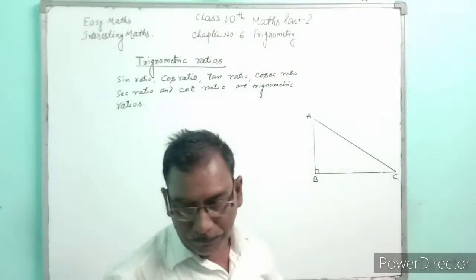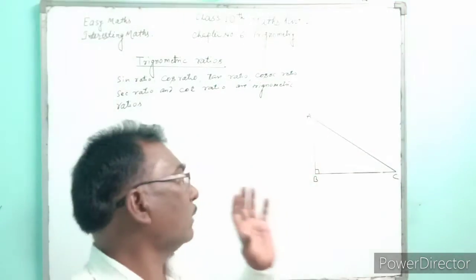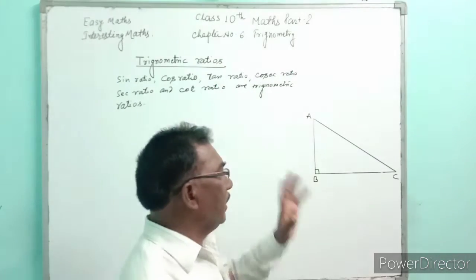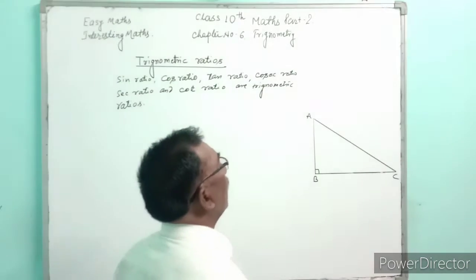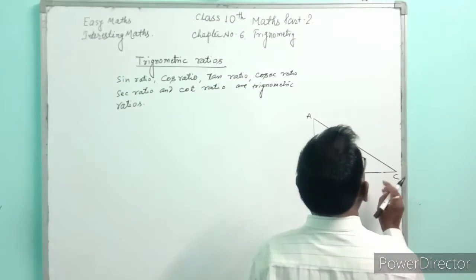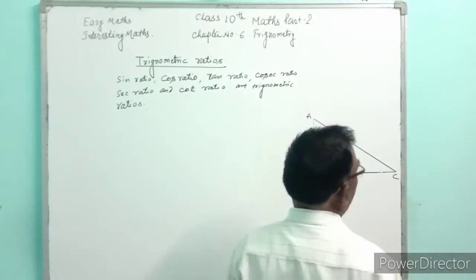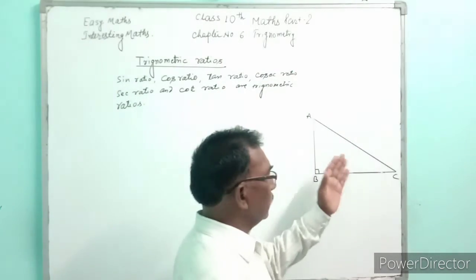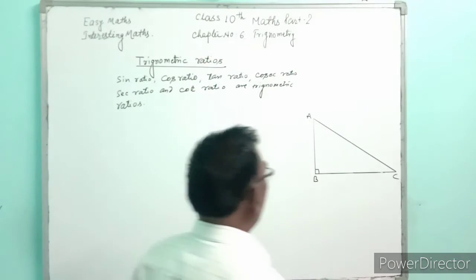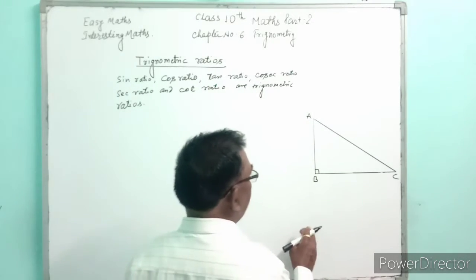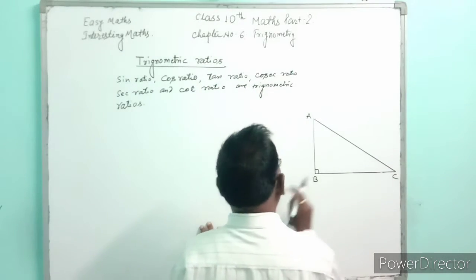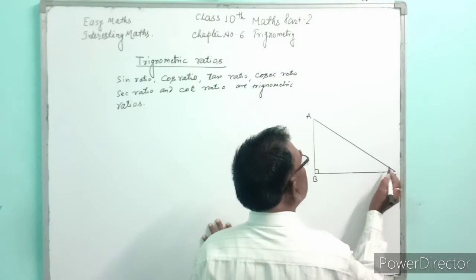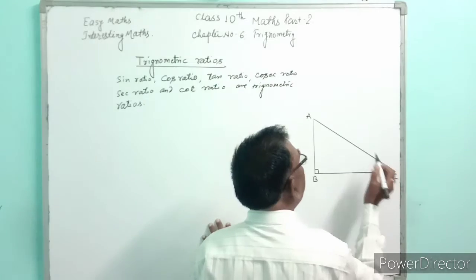This is right angle triangle ABC, in which B is a right angle, and angle C and angle A are the two remaining angles, and these two angles are acute angles. Why are they acute angles? Let the measure of angle C be theta.